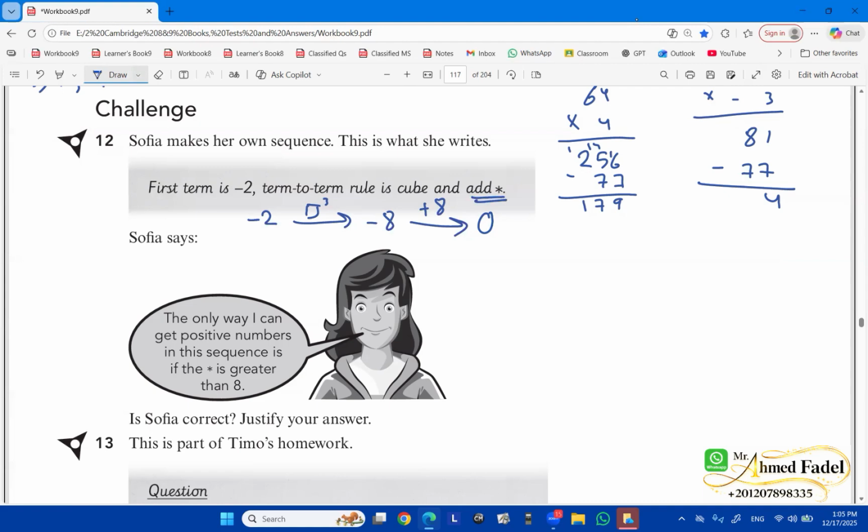So she is correct. And what am I supposed to write to justify my answer? You need to write this here, and then you add another example to it. If you say -2, and then cube it, becomes -8, and then you add 9, gives you +1. That will justify your answer.